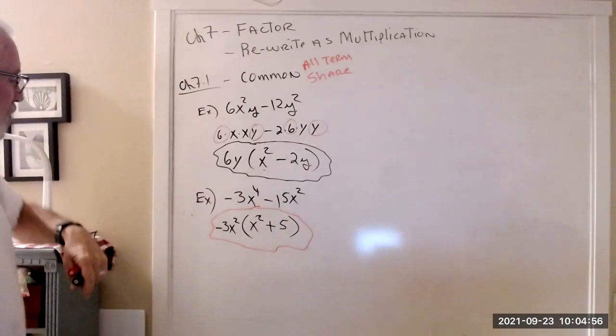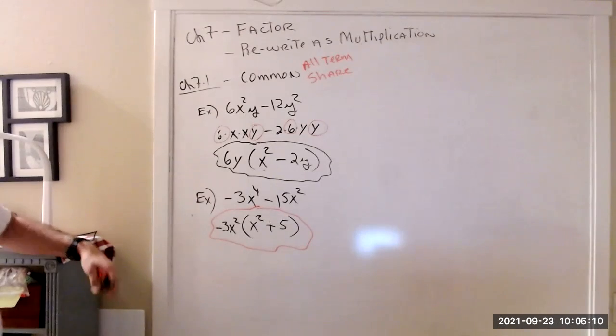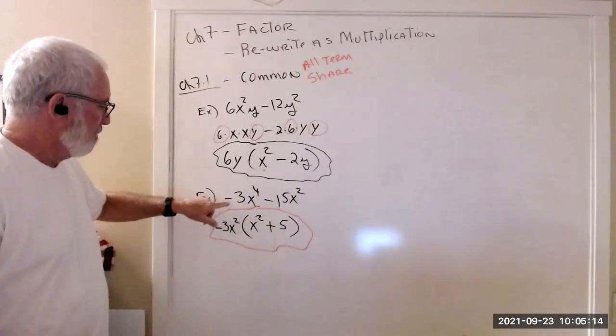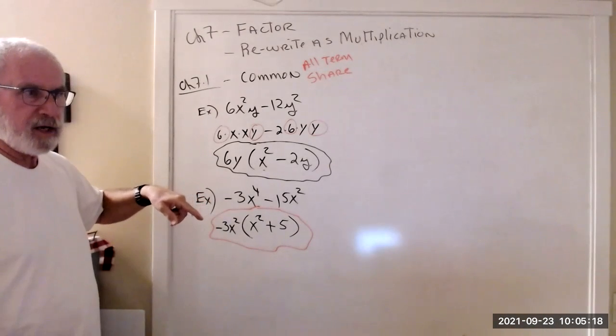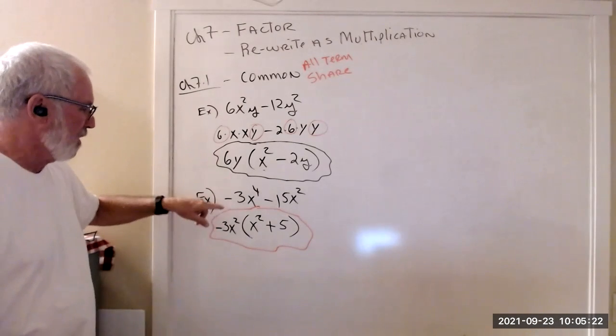So anybody have any questions about common factoring? Okay. When you try the chapter 7 homework, which I'm pretty sure is open, I opened it the other day, Monday, maybe Tuesday morning, I don't remember.